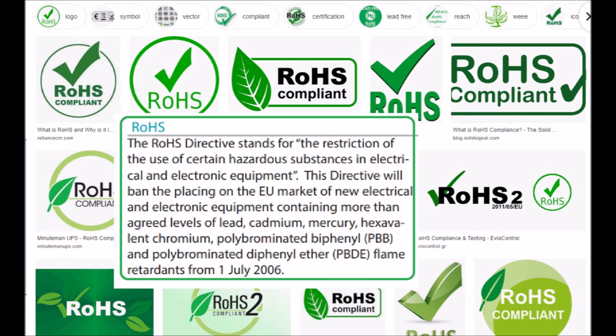This directive will ban the placing on the EU market of new electrical and electronic equipment containing more than agreed levels of lead, cadmium, mercury, hexavalent chromium, polybrominated biphenyl, PBB, and polybrominated diphenyl ether, PBDE, flame retardants from the 1st of July 2006.